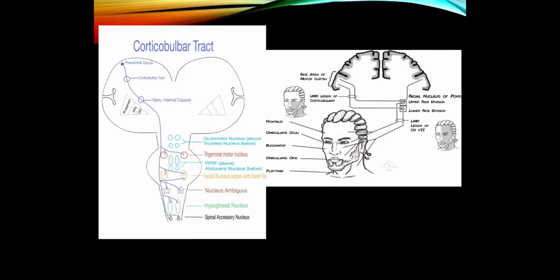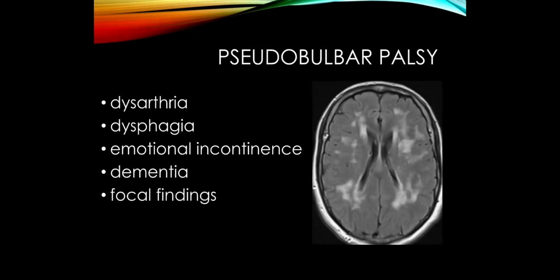Okay, and I think we have talked enough about the cortical bulbar tract. I've shown you this slide several times, and we've emphasized an upper versus a lower motor neuron facial weakness several times, but I do want to now add one additional syndrome that you haven't heard about yet, at least from me, and that is called pseudobulbar palsy. If you hear the term pseudobulbar palsy, the pathway you want to associate with that is the cortical bulbar tract.